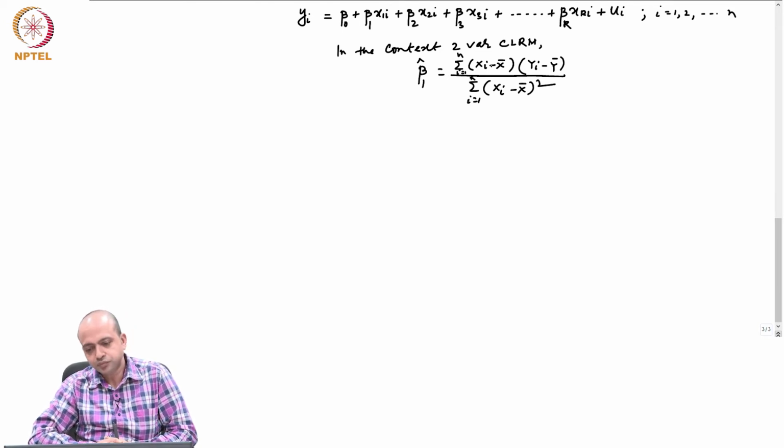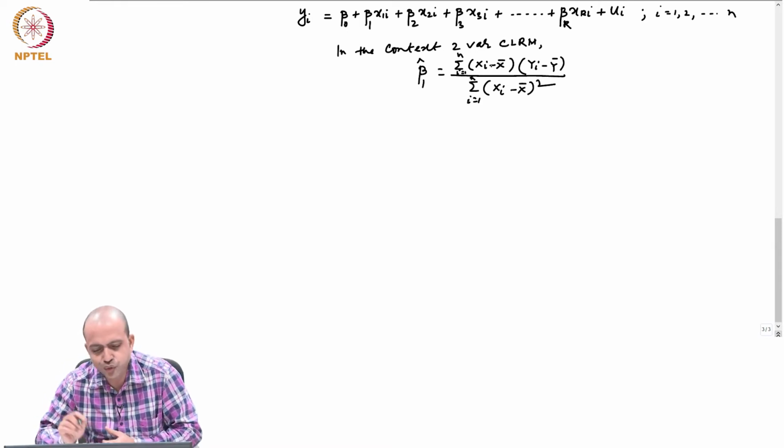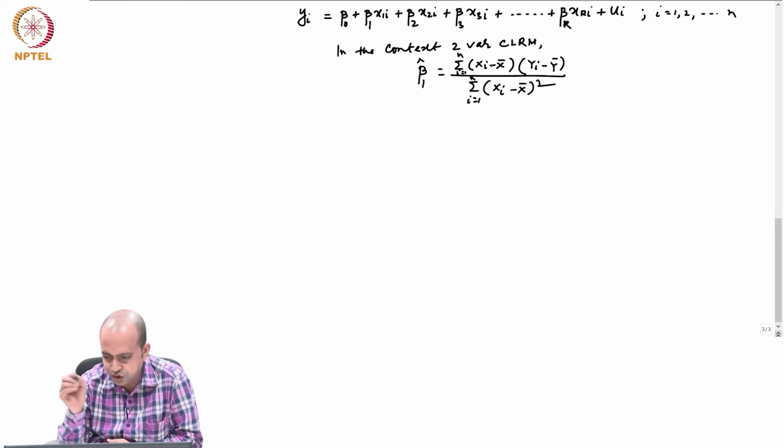What do we do? We represent this equation using matrix notation, and then from that matrix notation we can easily solve all the parameters in one shot. That is why matrix algebra becomes very important in this context. Let us see how we represent the equation in matrix notation.